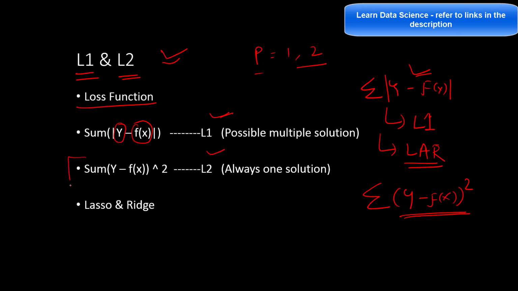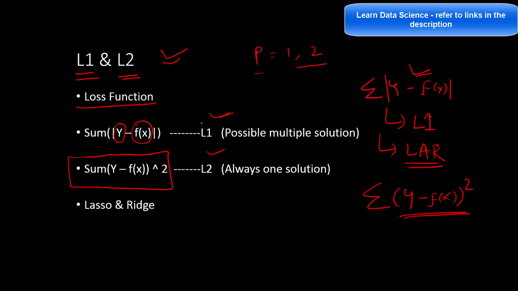So this is the L2 loss function, where we have the least square case, summing the square of the error. In the first case we are taking the modulus of the error and then summing, so that's the L1 loss function. This is the difference between the formulations of the loss function. L1 and L2 regularization are both of similar type.